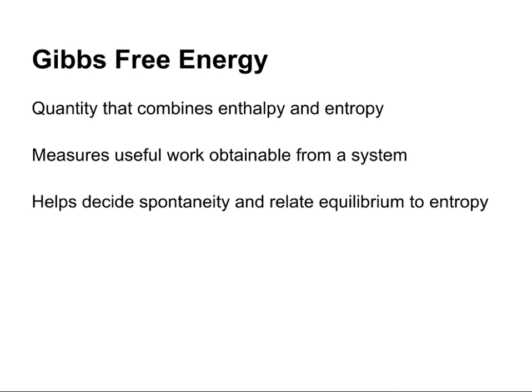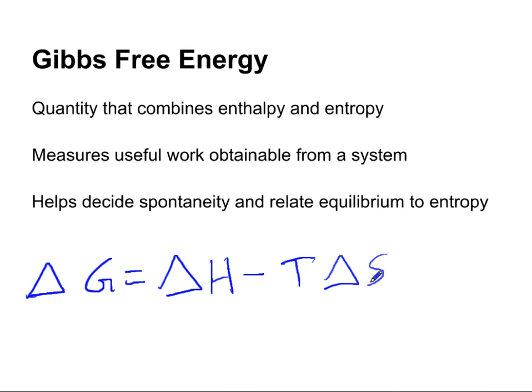Gibbs free energy has the symbol G, and our basic equation for finding Gibbs free energy is delta G is equal to delta H minus T delta S. Or if it was for finding delta G at standard conditions, it would be delta G standard is equal to delta H standard minus T delta S standard.